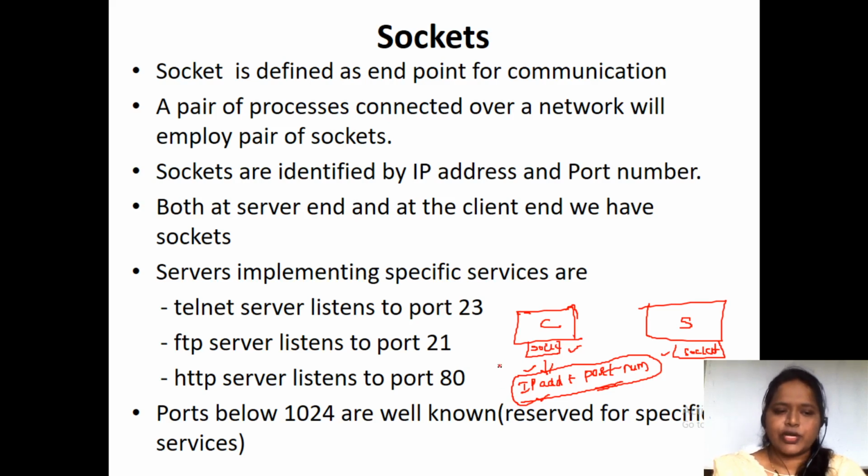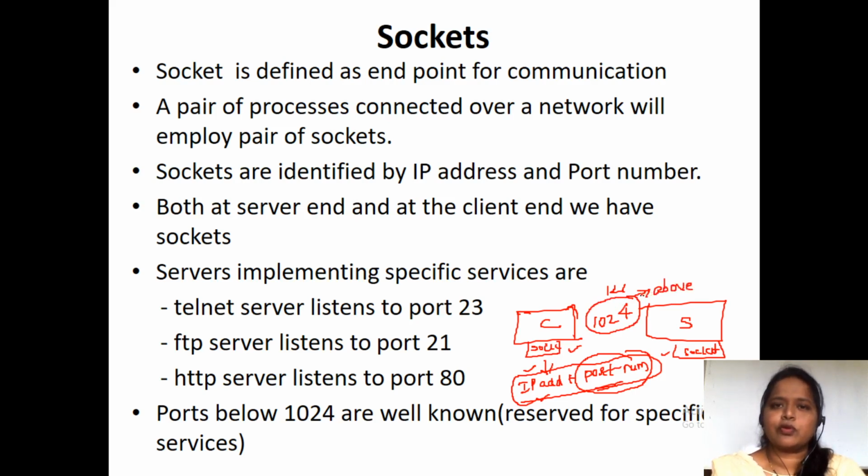When we talk about port numbers, we have different port numbers for different services. Port numbers below 1024 are all reserved. So we can give port numbers above 1024 but not below.